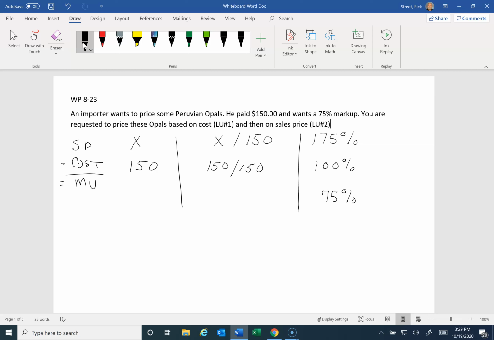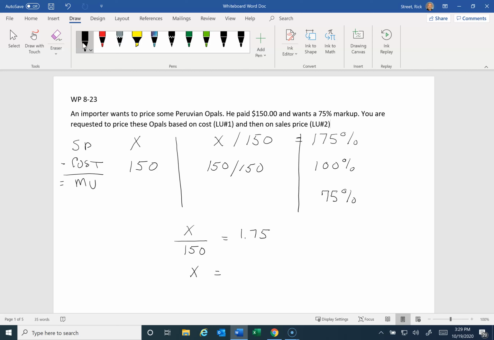Now it becomes a math formula. Do you see it? X divided by 150 equals 1.75 or 175%. Now solving for the unknown, we take the X to get it alone on one side of the equation.